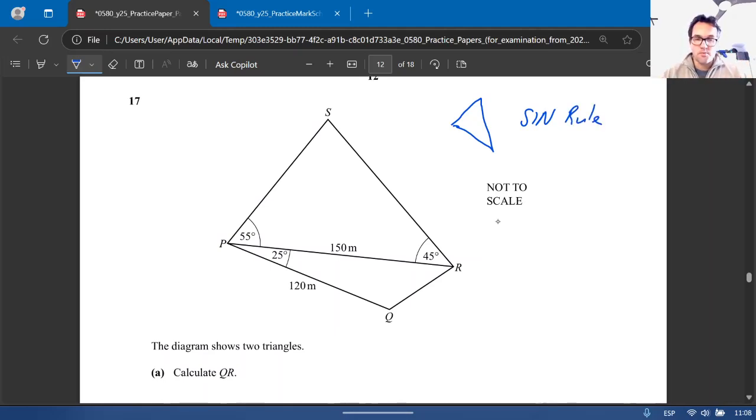To use the sine rule, you need to have an angle and the opposite side. If you've got an angle and the opposite side, then you can use the sine rule. You need to have another angle or another side, but then you can work it out. Or, of course, the cosine rule.